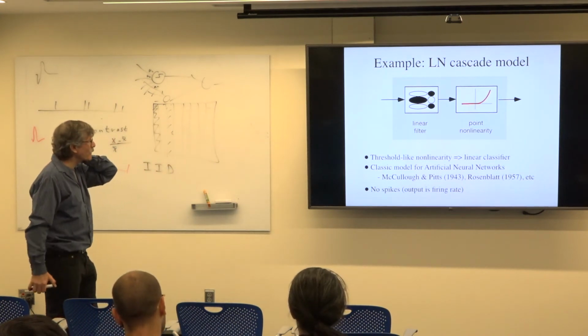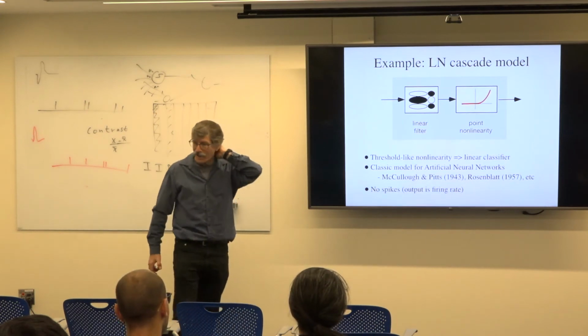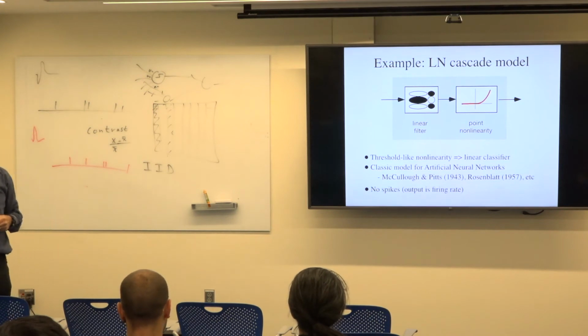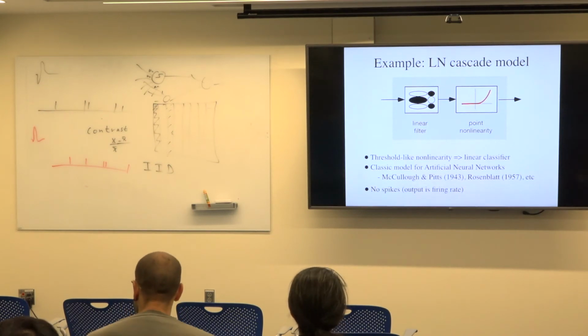When I was a graduate student, Minsky and Papert, not on this list, came up with this book that talked about what they called perceptrons, which is just another name for the same thing. They talked about what perceptrons could do, and if you only had a single layer, here's what you could compute, and if you had 2 layers, now you could do some more difficult stuff.